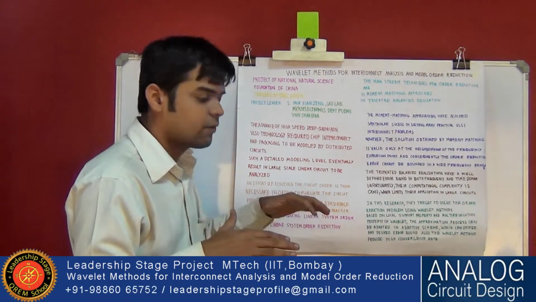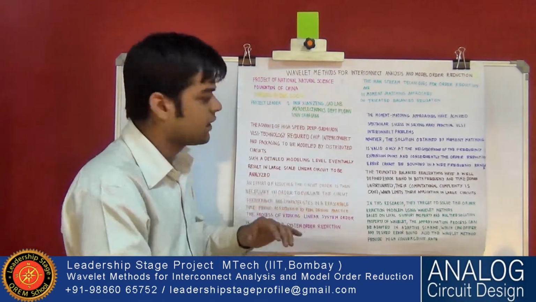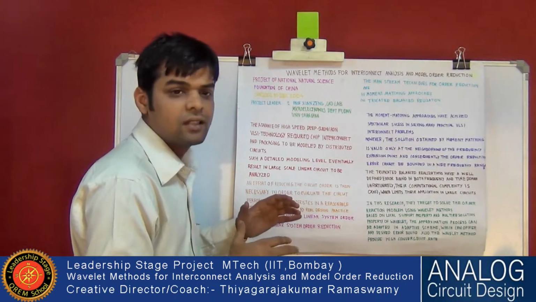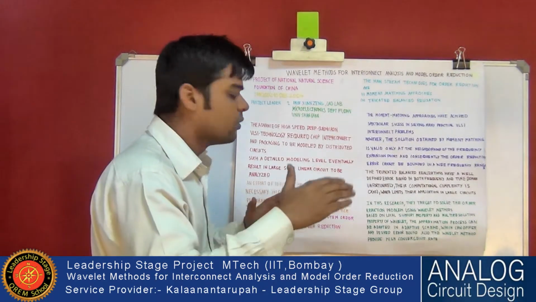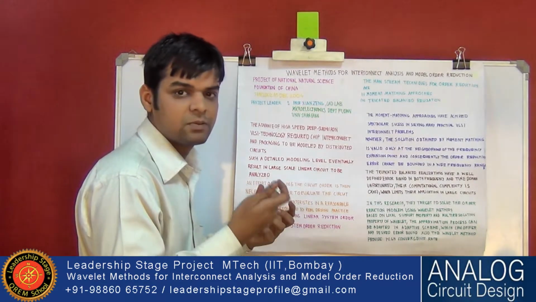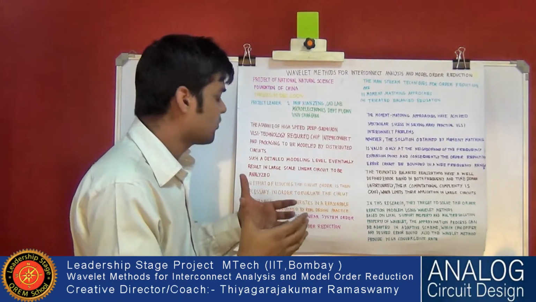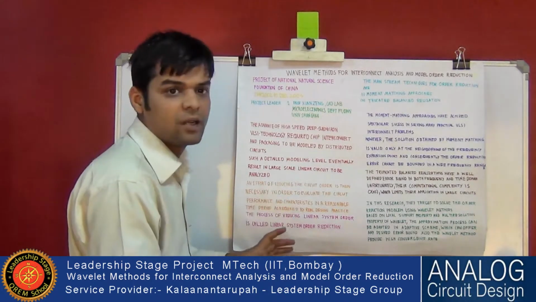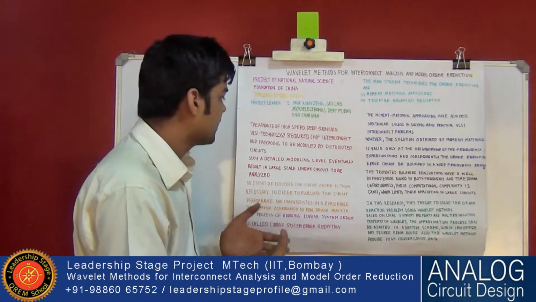There are circuits, and all the circuits are connected by interconnect. As the trend goes on, the number of transistors a chip contains is increasing very high, and because of this a large number of circuits are to be analyzed in CAD tools. So a large number of linear circuits need to be analyzed.